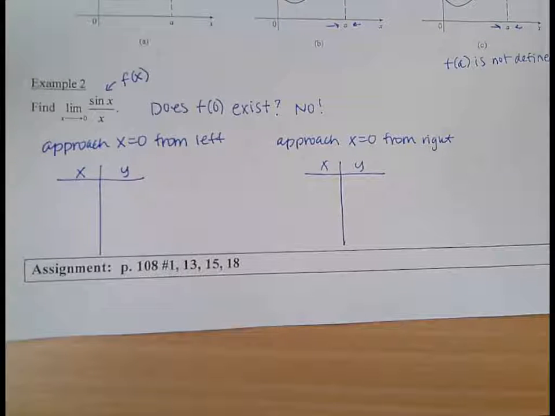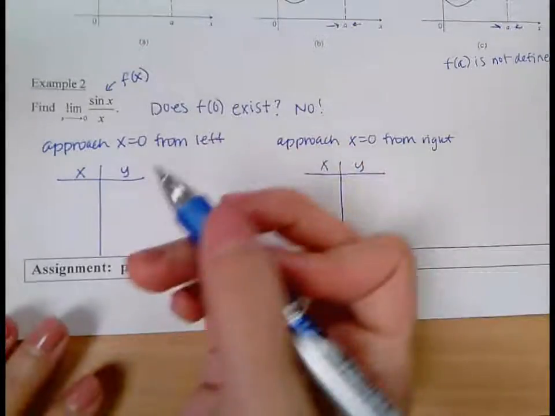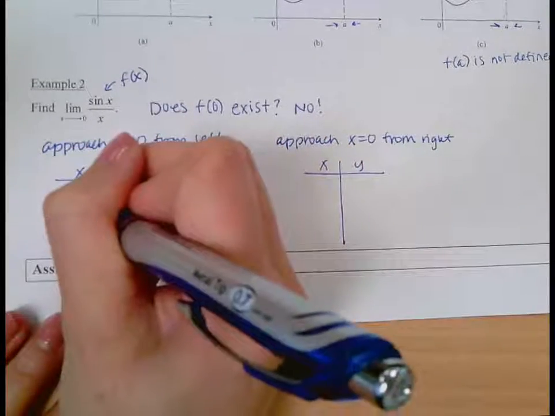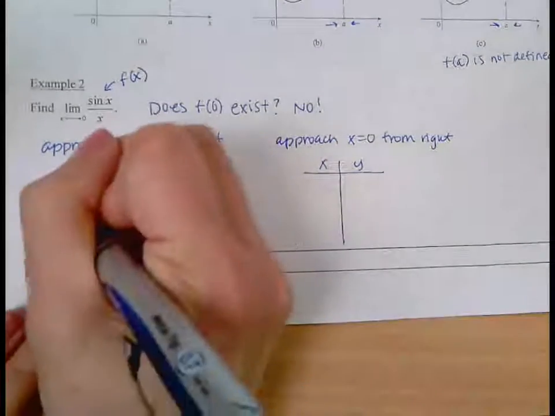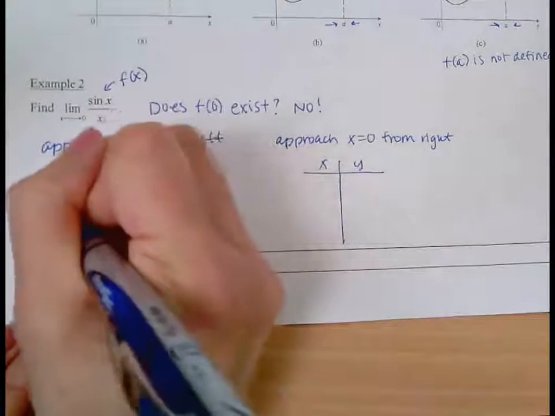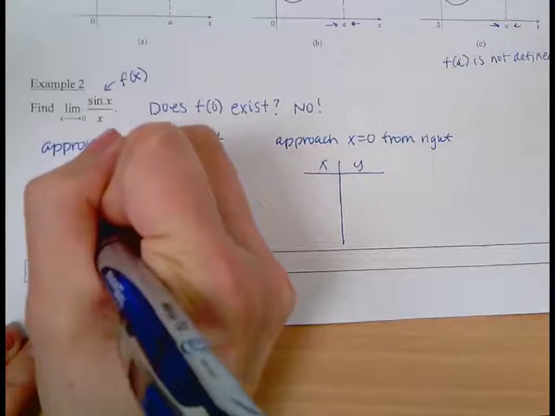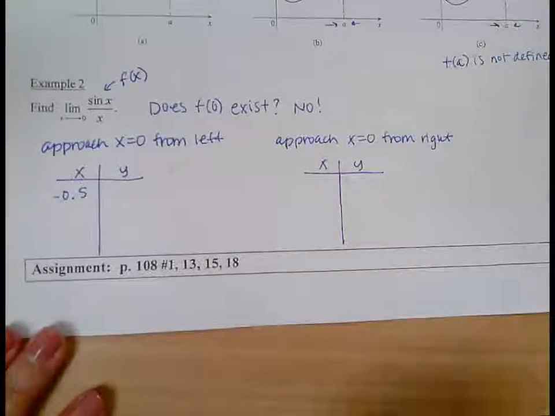So from the left, these would be values that are less than 0. I could start out maybe with -1. I'm going to start out a little bit closer to 0, so I could do -0.5 and then get a little bit closer.